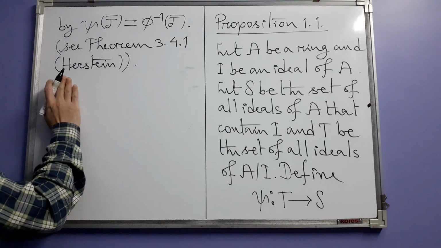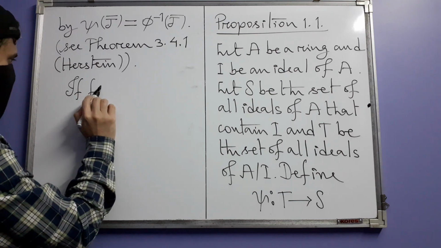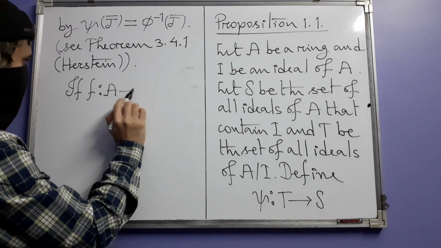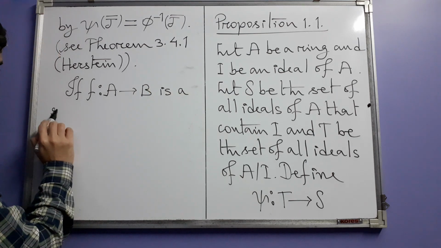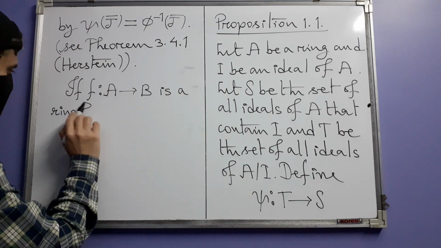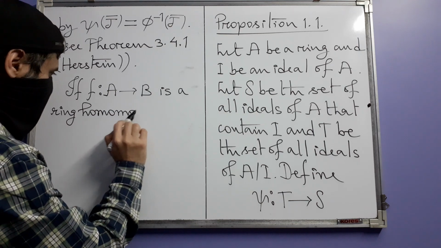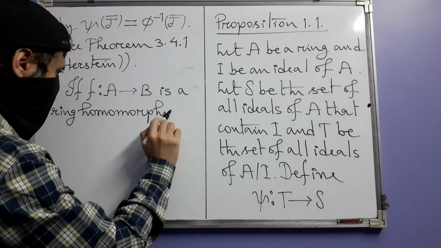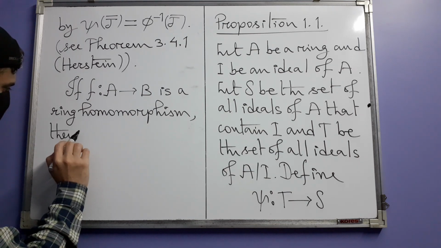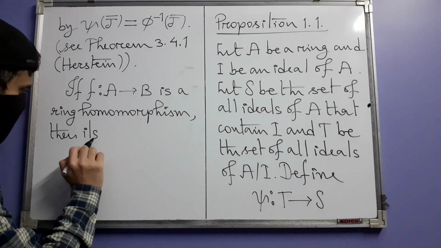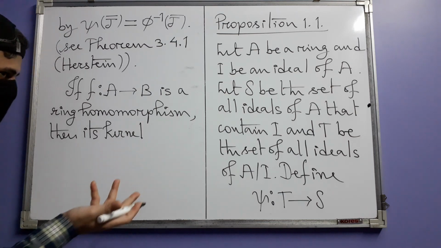Next, we have this statement. If f from A to B is a ring homomorphism in our sense, then its kernel, we know what kernel is.